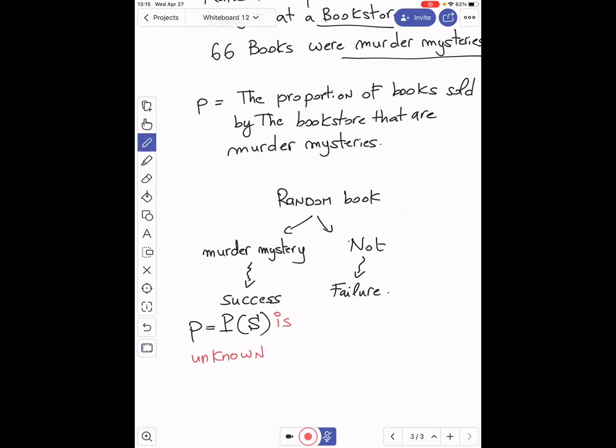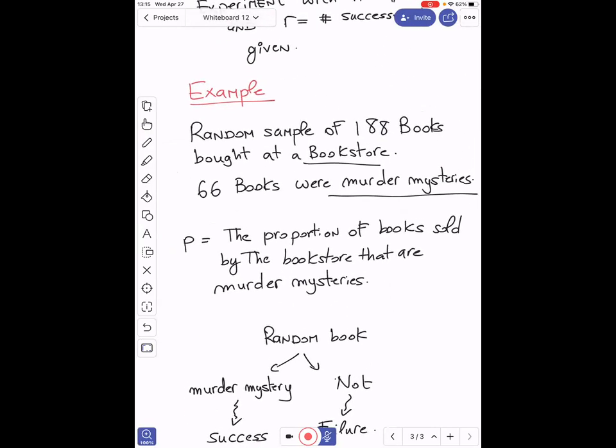All we have in this problem is a sample of 188 books. They don't represent all the books in the bookstore. There are thousands of books in the bookstore, more than 188 for sure. This is just a sample, and it turns out that out of the 188, 66 are murder mysteries.